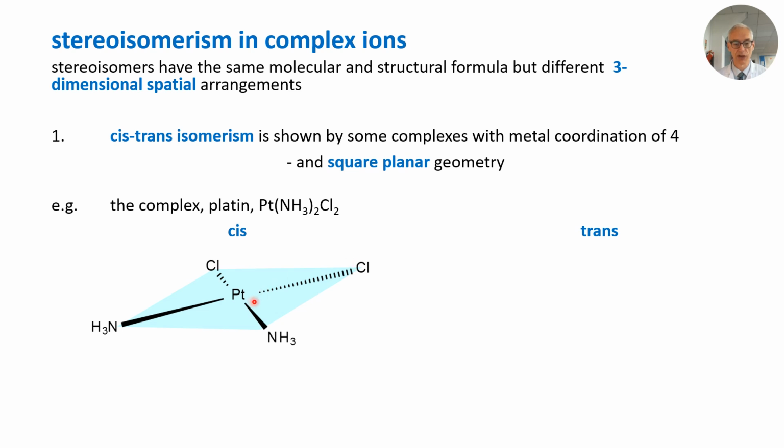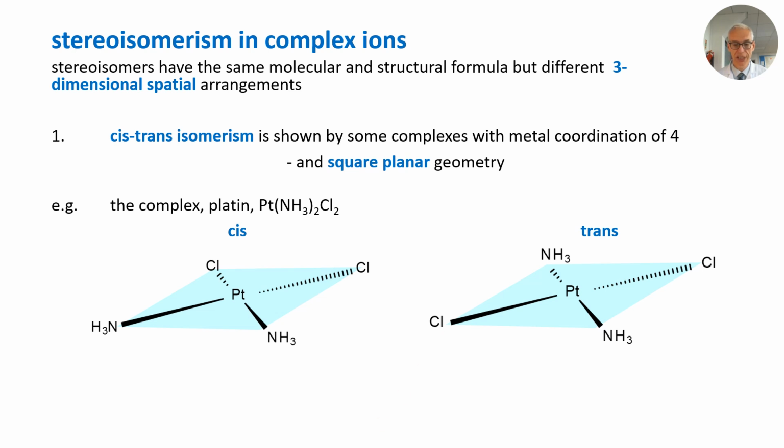Platinum being the central ion, chloride ions on the same side of the platinum. If that is the cis isomer, pause and draw the trans isomer. Okay, so to reveal the trans isomer, we have the chlorides on opposite sides of the platinum.